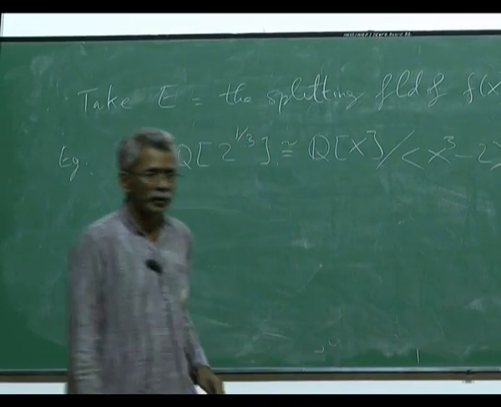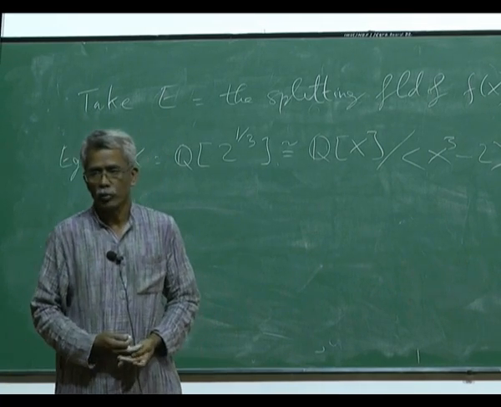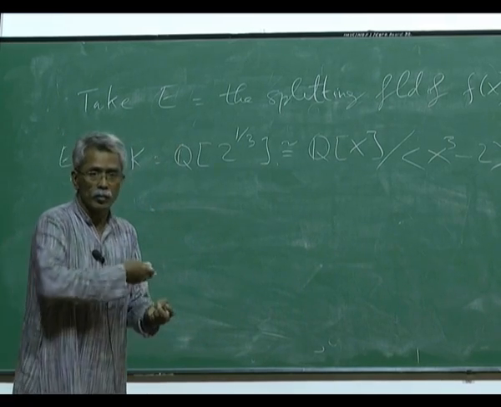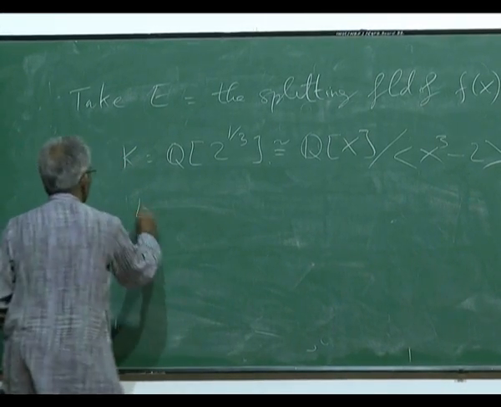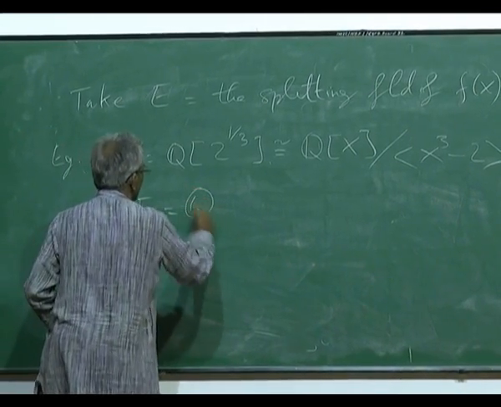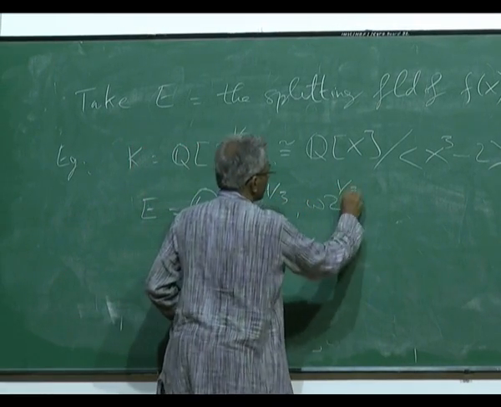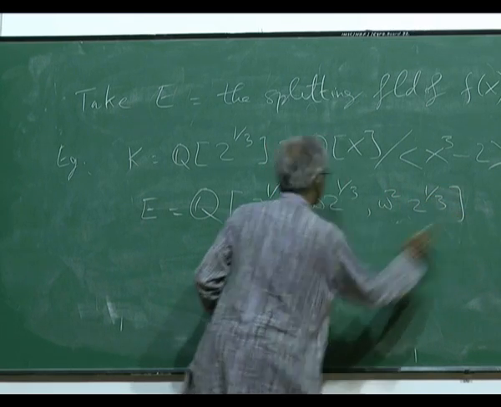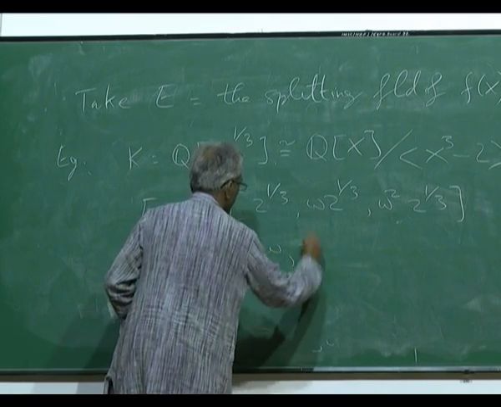So, in our situation, you all know complex numbers is algebraically closed, Q is a subfield of that. So, in complex numbers we even wrote down the factorization. I take all the roots. So, E is equal to Q(2^(1/3), omega 2^(1/3), omega^2 2^(1/3)), but this is the same thing as Q adjoin omega and 2^(1/3).